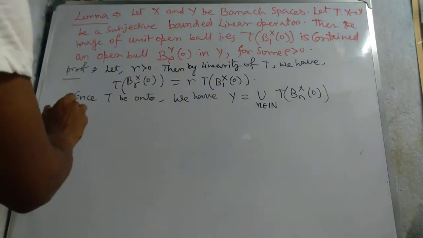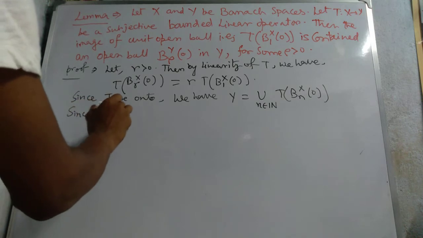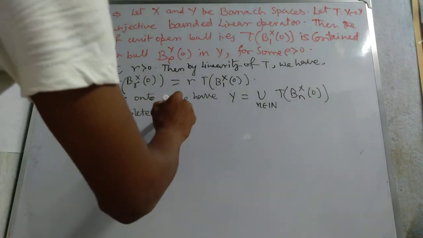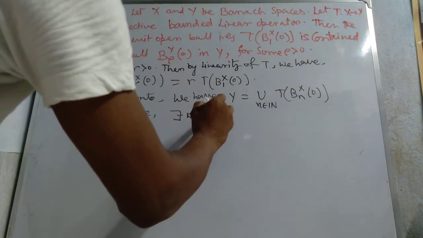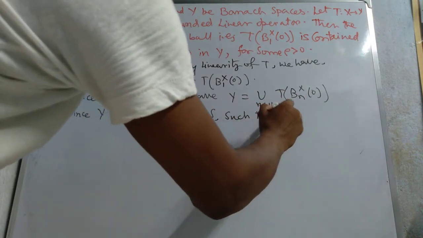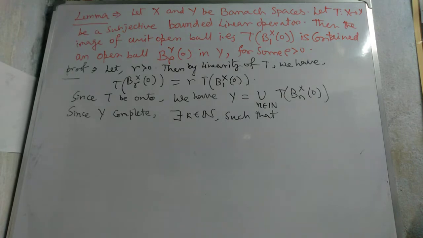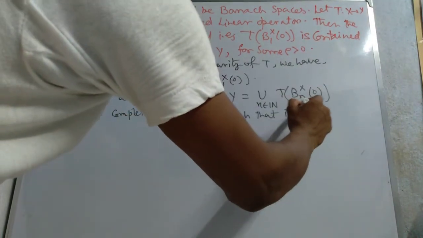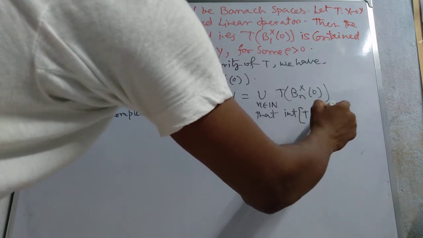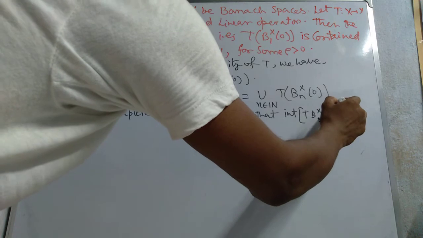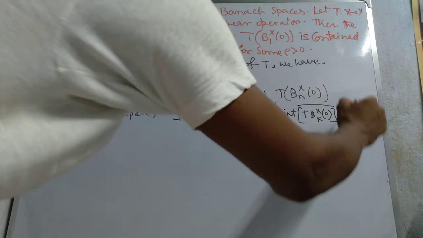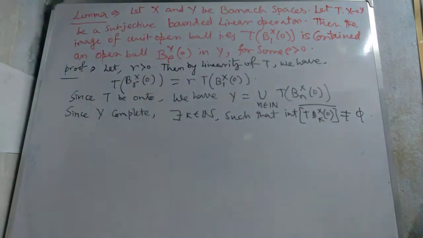Since Y is complete, there exists k belongs to N such that the interior of the closure of T(B_k(x0)) is non-empty.